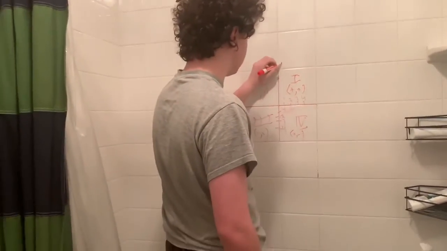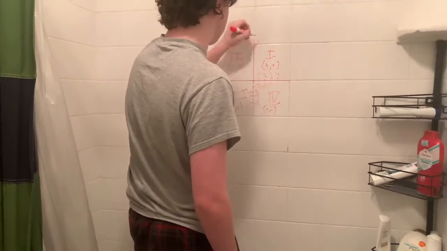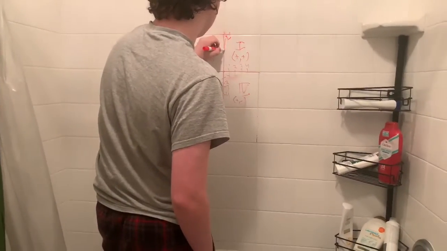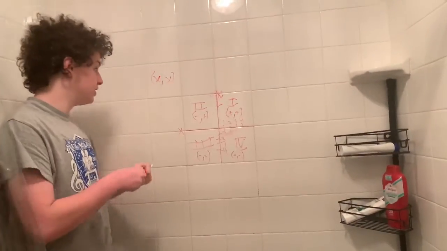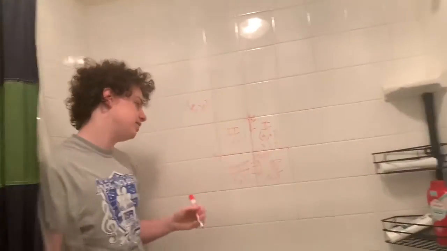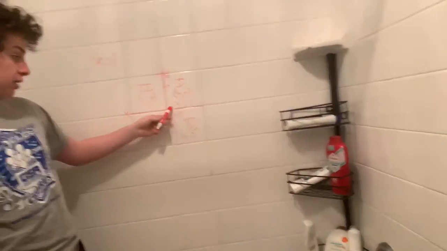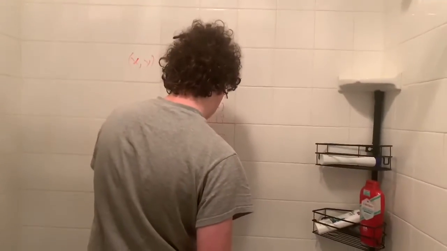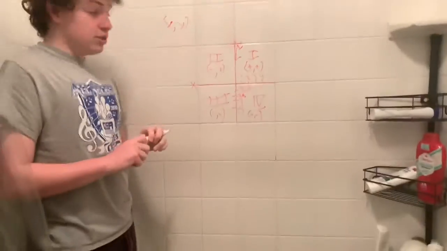Y is this line, vertical. Makes sense. As you see right here, x then y. Let's say you need to find 1, -2. You start by going right 1 and then down 2. That will be right there. See that? Okay. So all this makes sense.